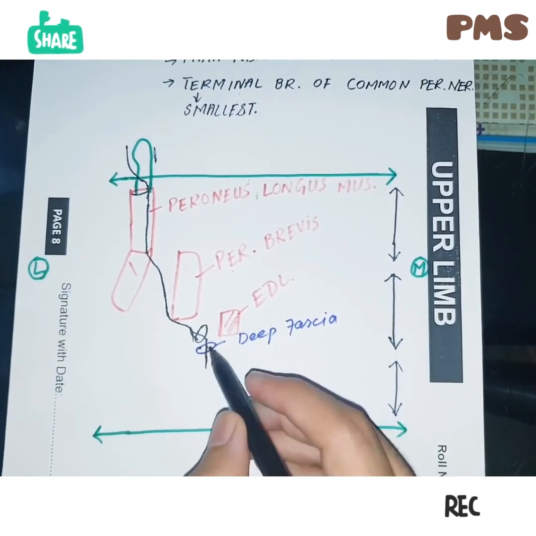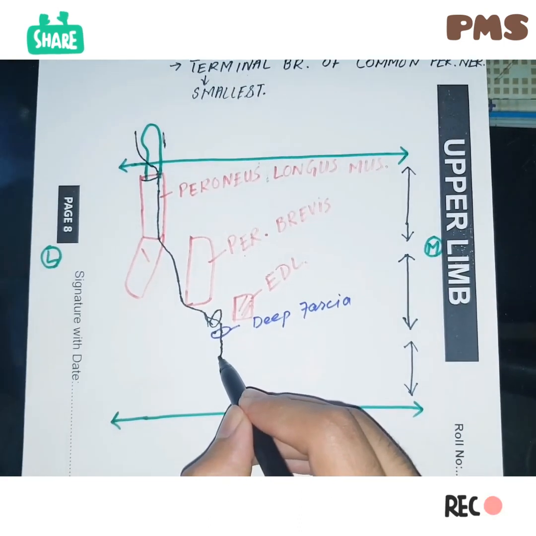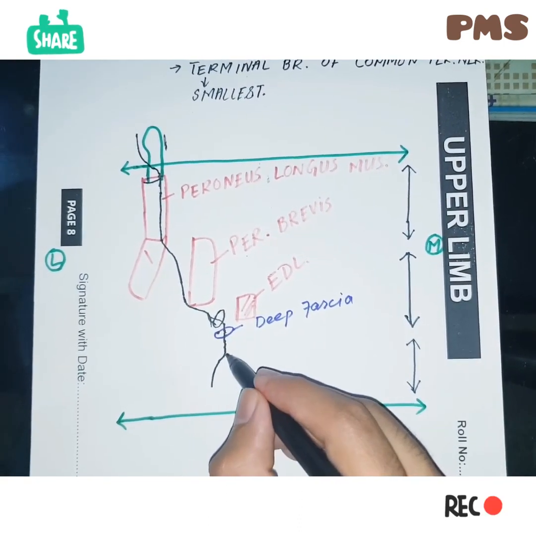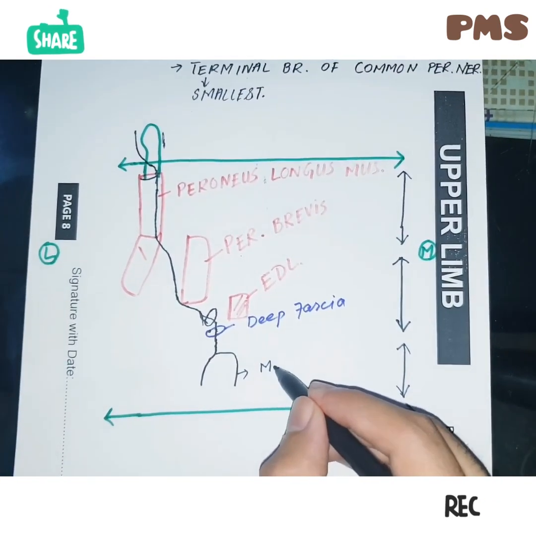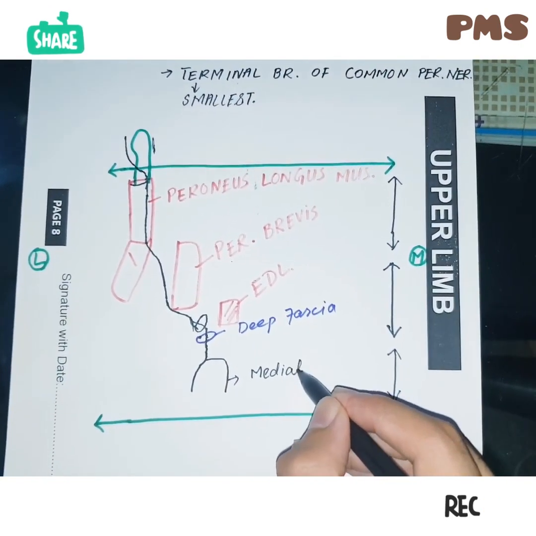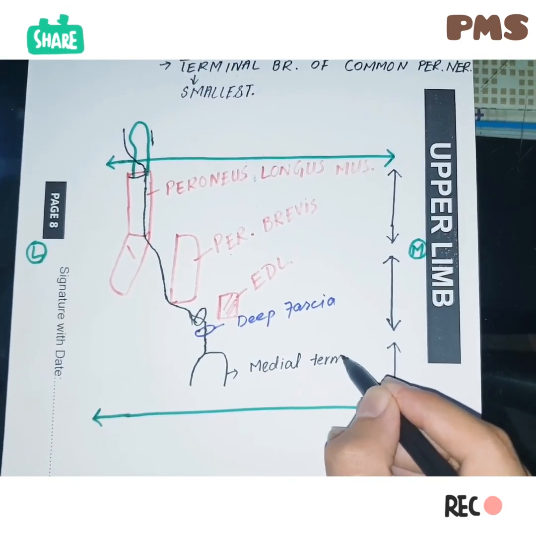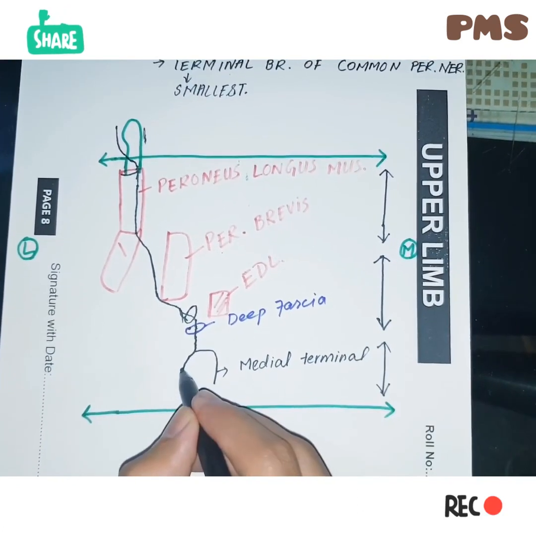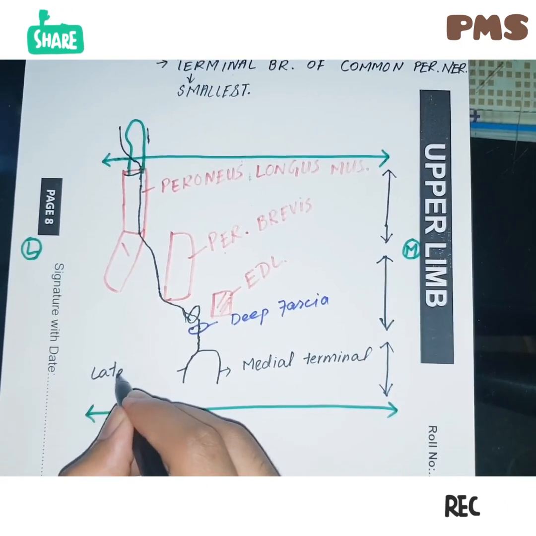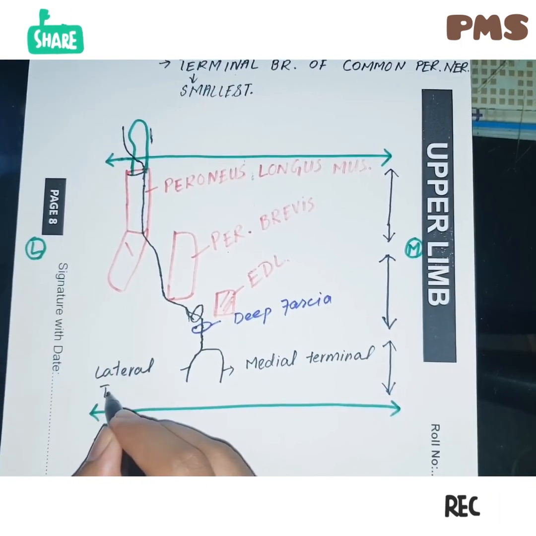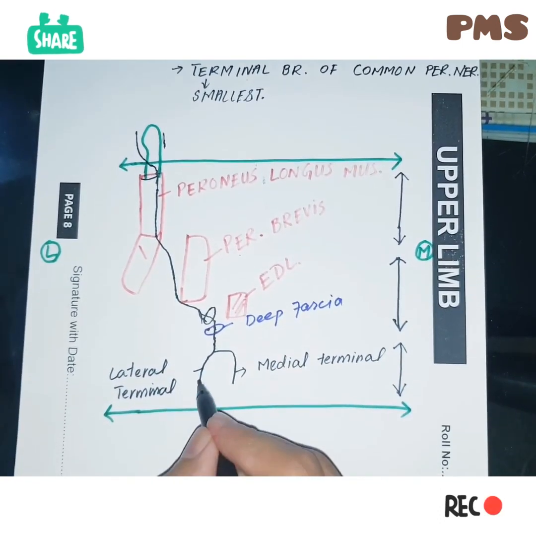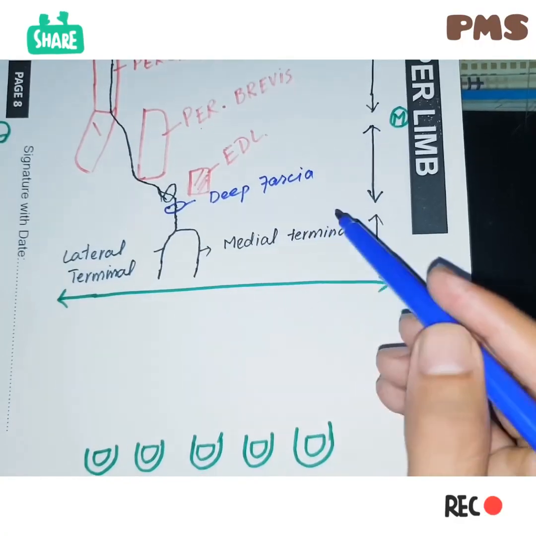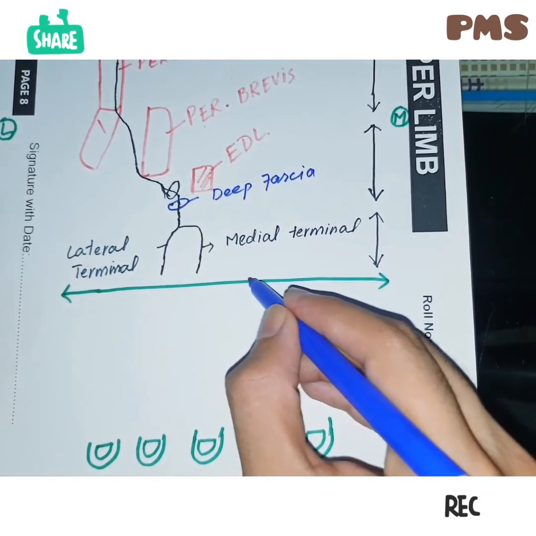One is medial and the second one is lateral. So this is the medial terminal branch, and this is the lateral terminal branch.